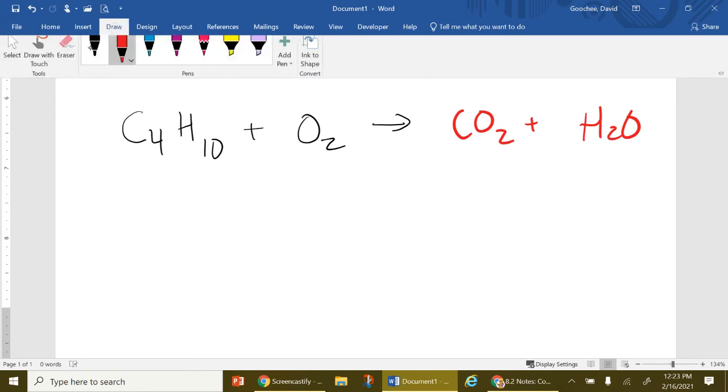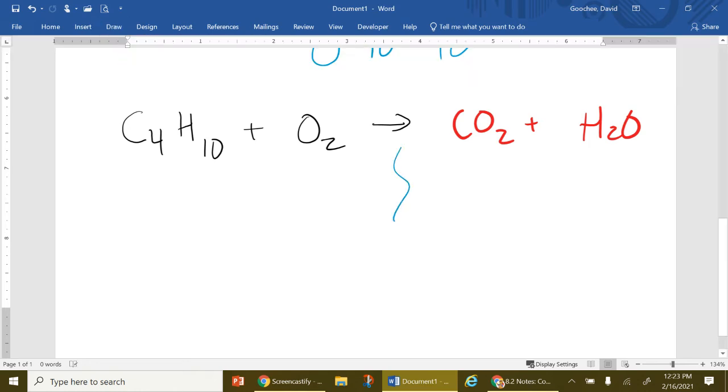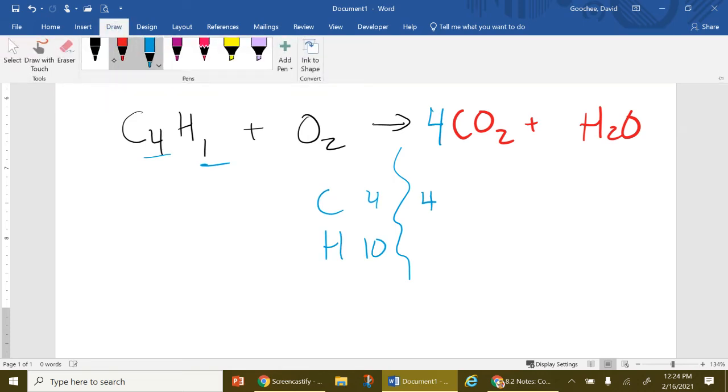Okay? Always. That's the easy part. The hard part is the balancing. So let's start with the carbon. We've got 4 carbons over here. We've got 1 carbon over here, so I'm going to put a 4 in front. I'm going to multiply it by 4 so that now we have 4 over here. Okay? Next is the hydrogens. Okay, the hydrogens. We've got 10 hydrogens over here. Oopsie.